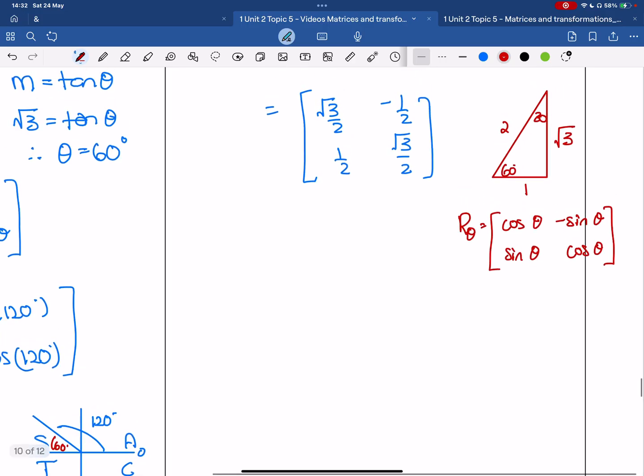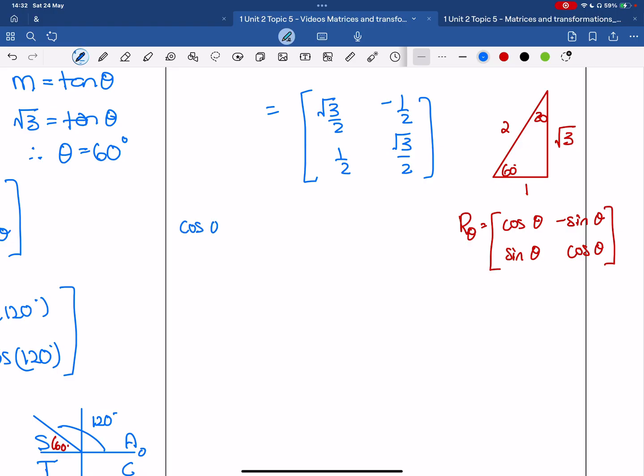So I'm going to have to find ratios where I've got exactly the same angle. So I'll start with cos theta is root 3 on 2.